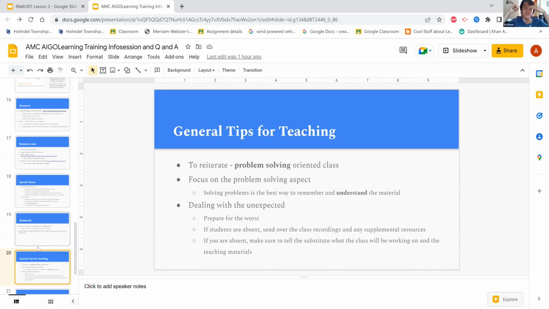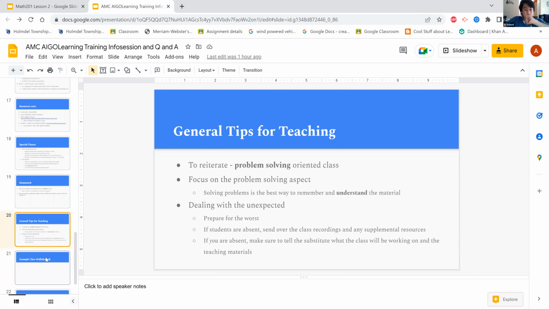You have to prepare ahead of time. If students are absent, then send over class recordings and supplemental resources, recommended AOPS. And if you are absent, not the students, then make sure you tell a substitute, or you can reschedule the class, either one. Tell a substitute what the class will be working on and the teaching materials.